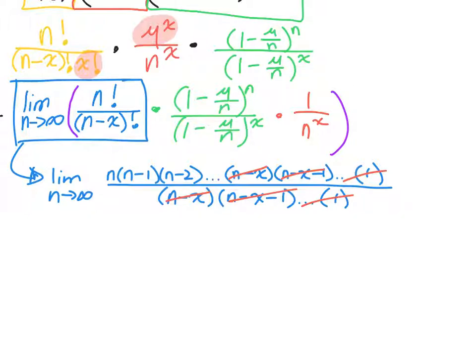It doesn't matter what values I choose. If I did 10 factorial over, I could even do 100 factorial over 100 minus 8 factorial. All right, if I did that, what I'd be looking at would be 100 all the way down to 0. Obviously don't want to write all that down. But then here this would be the n minus x factorial, which would be 92 factorial.